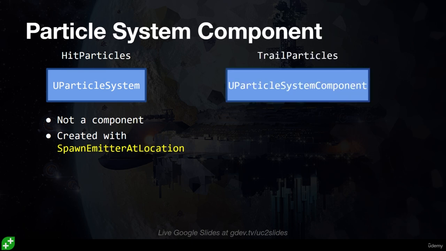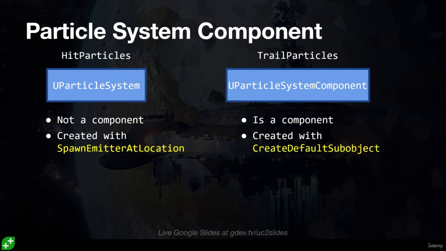But for a smoke trail, we're going to use a particle system component. It's an actual component that we're going to create in the projectile's constructor using CreateDefaultSubobject, and we're going to attach this to the root component so that it can follow the projectile around.